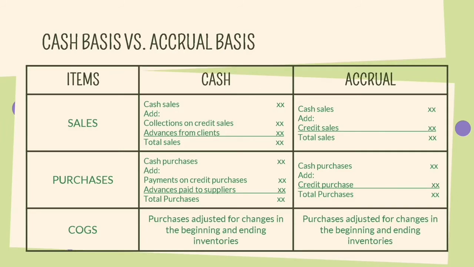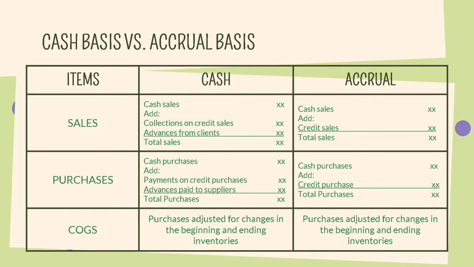On this table, we can see the difference between the cash and accrual basis of accounting according to: first, sales. Under cash, total sales are equal to cash sales plus collections on credit sales plus advances from clients.